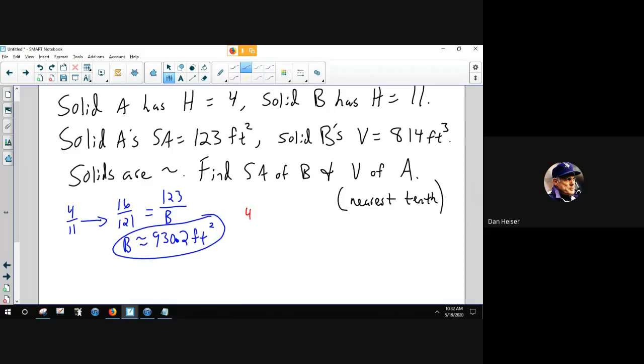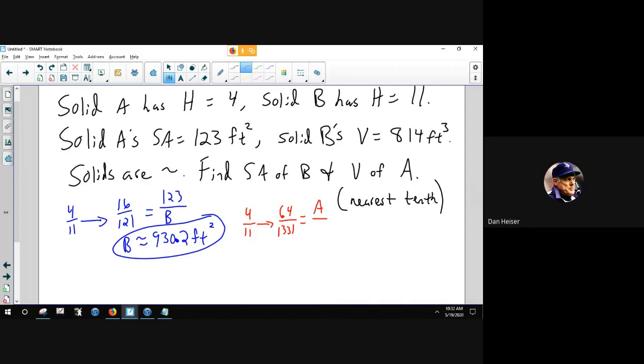Now to find A's volume, we have to cube our scale factor. So we do not use 4/11ths, but we cube it to get a volume ratio. Don't know A's volume.